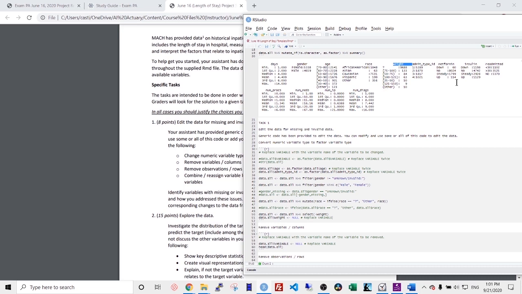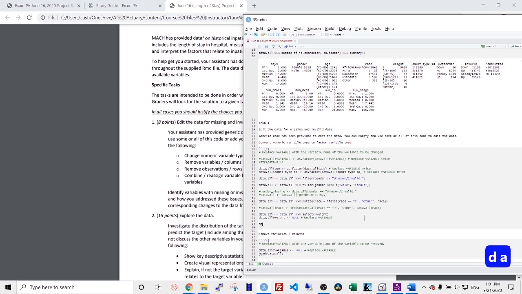So looking at these other values, it looks like they're okay. I see that there are only 63 cases where race is Asian. Because there are only 63 values, it could be reasonable to combine that into other, just because there's not enough credibility in the data to make good conclusions based on that.